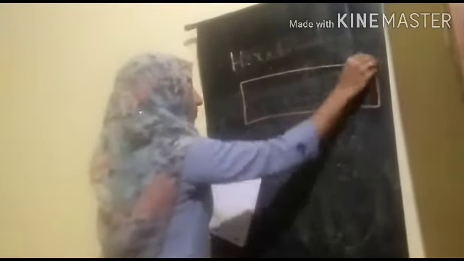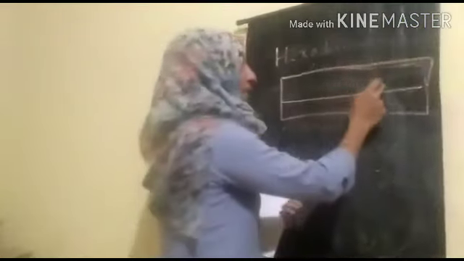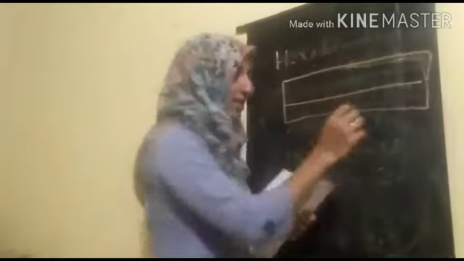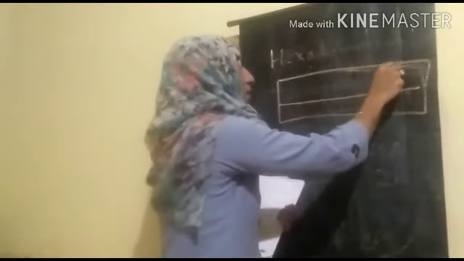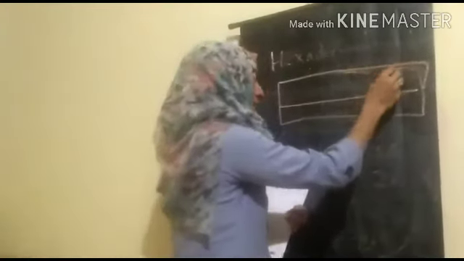Now we discuss the place value of the decimal number system. The base of the decimal number system is 10. Then we write 10 raised to 0.